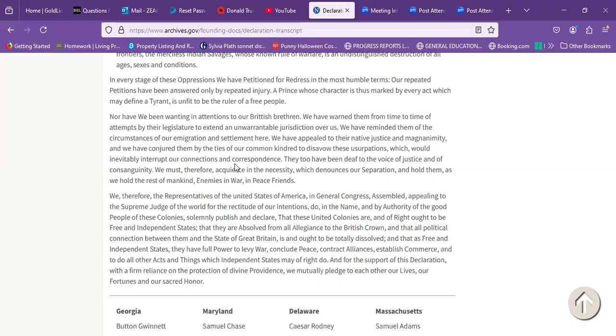The conclusion that the United States ought to be free and independent is one that will lead to war. People will die because of this claim that Jefferson is making. It is not one to make lightly, and it isn't one that his audience is going to come to readily.